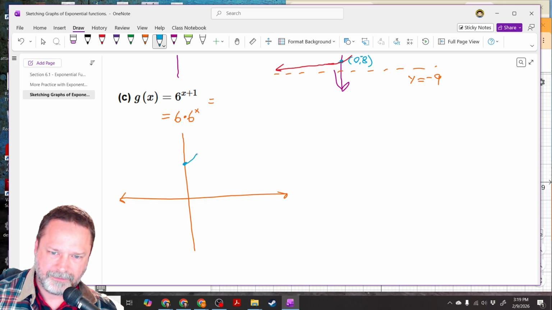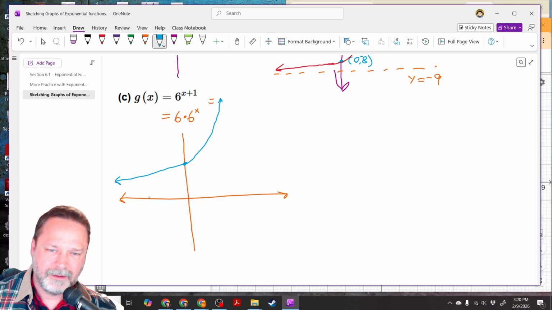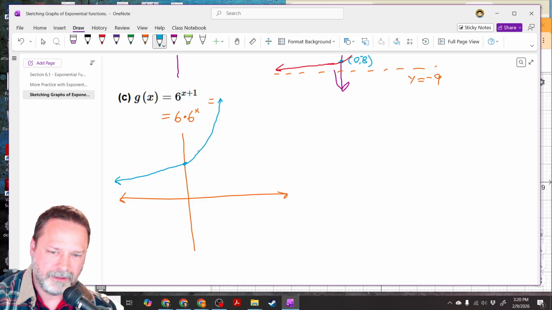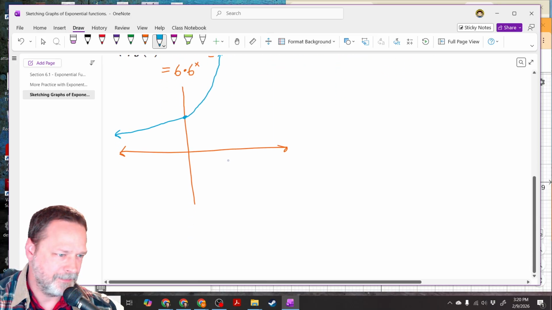It's still going to have this shape where it's going up and up and up, but they'll get bigger faster, sorry. It's going to take longer to get close to 0 over here, but it will be getting close to 0 over here too. So we still have that basic shape, but the values are going to be a little bit larger generally.